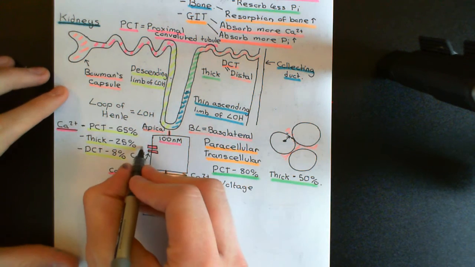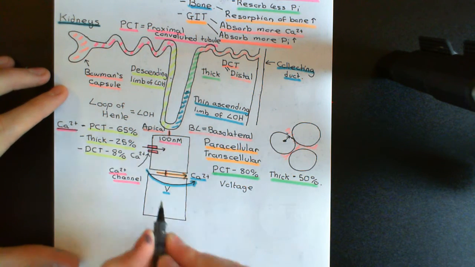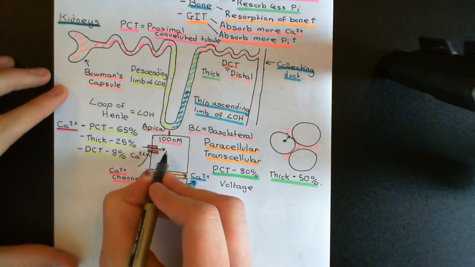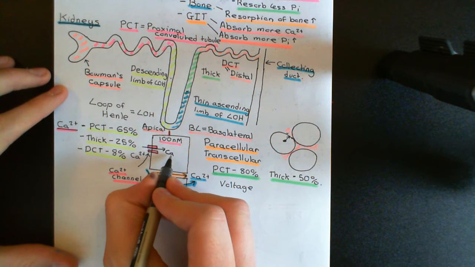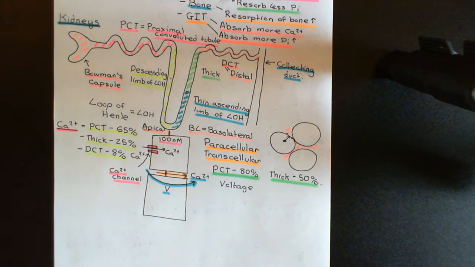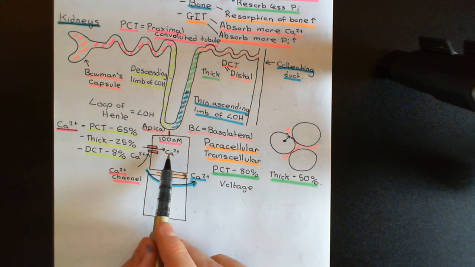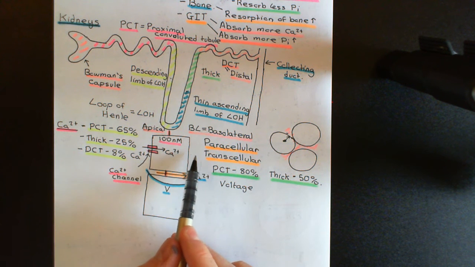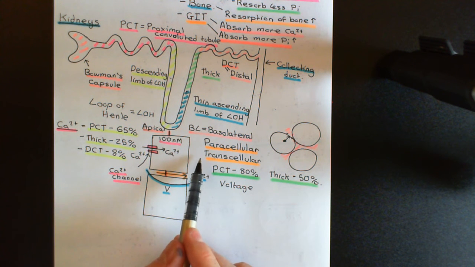Okay, so what you're now going to get is calcium ions from the renal tubular fluid here, moving from the fluid into the intracellular fluid here. So here's how we're going to move calcium across the apical cell membrane. Now, of course, it becomes more of a problem because we want to move the calcium from the intracellular fluid here to the basolateral fluid, and then we're moving it up its concentration gradient.